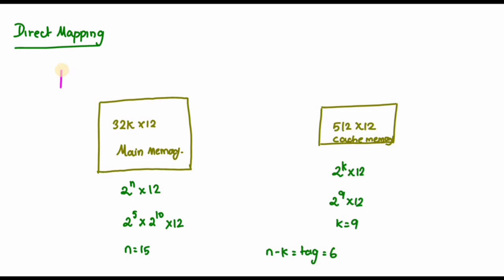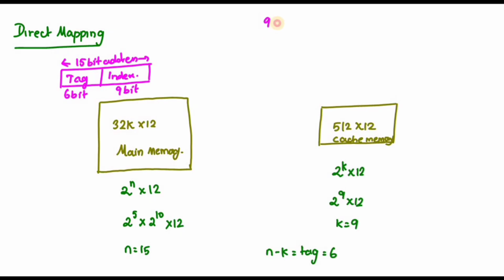Out of my 15-bit address, the tag is 6 bits and the remaining 9 bits are called the index.